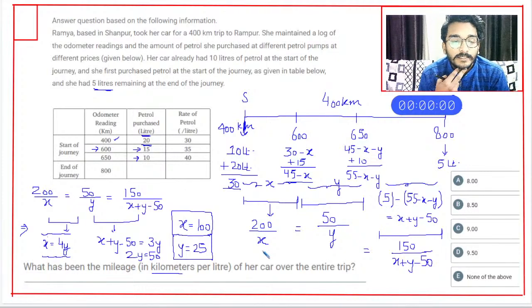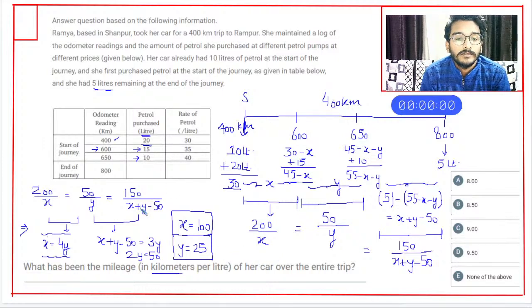So 200 kilometers have been traveled here, and we have 10 liters already, 20 liters, 30 consumed, 200 over x, 15 has been added, 45 minus x minus y. 5 is the remaining quantity. 4x equal to 4y.